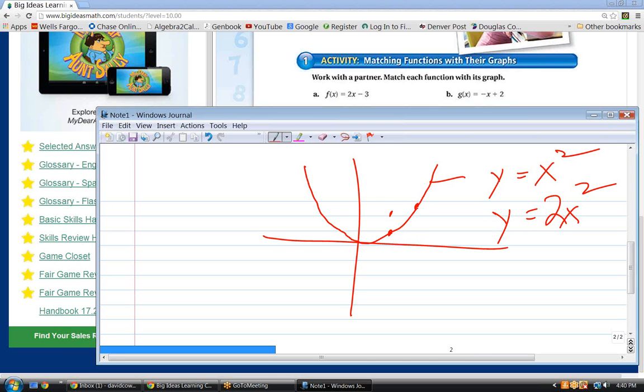Every point I find on my original parabola has to be twice as far away from the x-axis. What results from that is a skinnier parabola. And a fatter parabola, if I made this 1/2, in other words, if I use numbers between 0 and 1, gives me a fatter parabola rather than a skinny parabola.